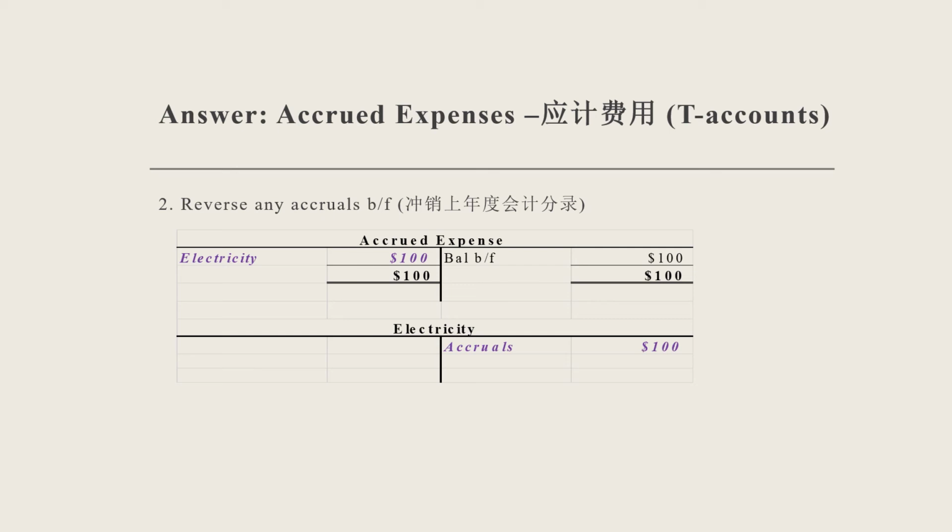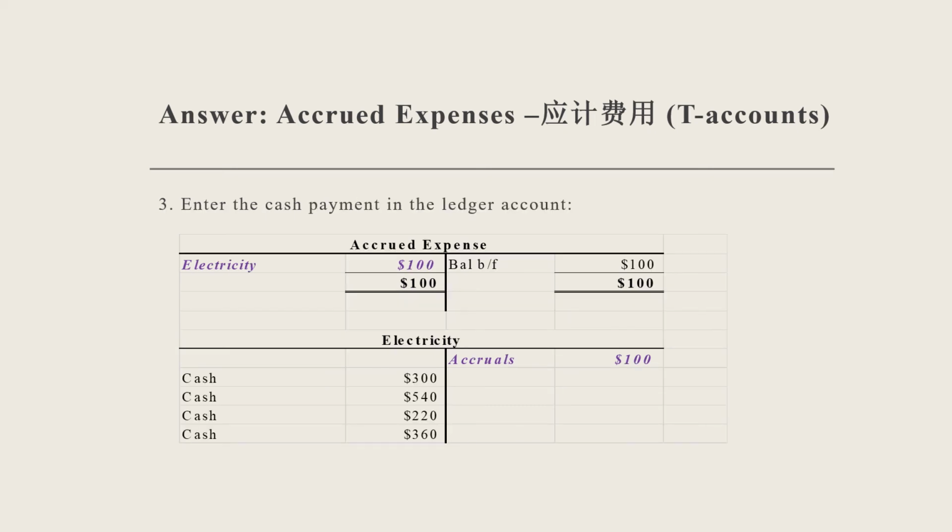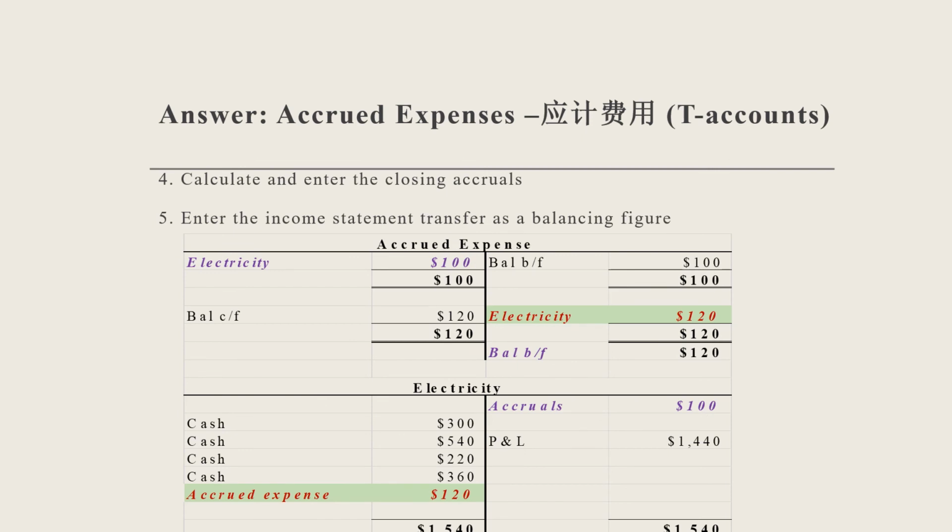Third, record the cash payment: debit electricity expenses, as expense is increasing on the debit side; credit cash, as asset is decreasing on the credit side.